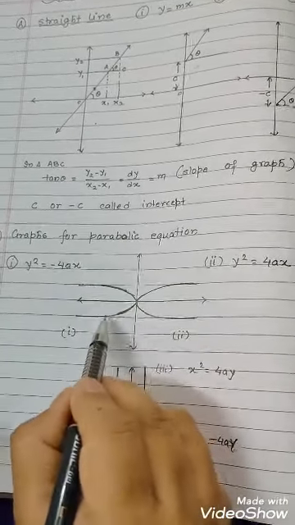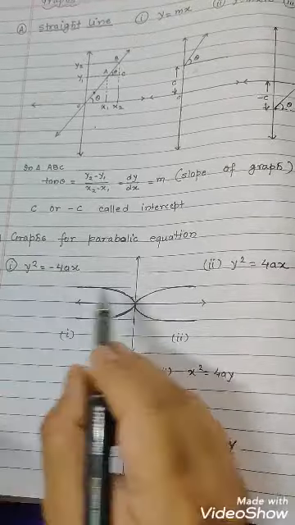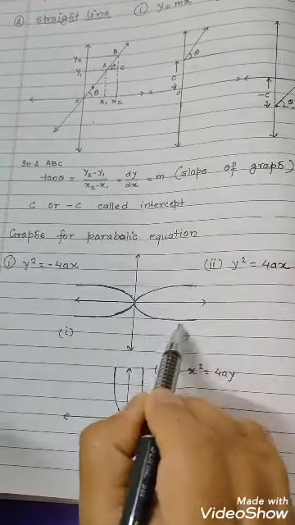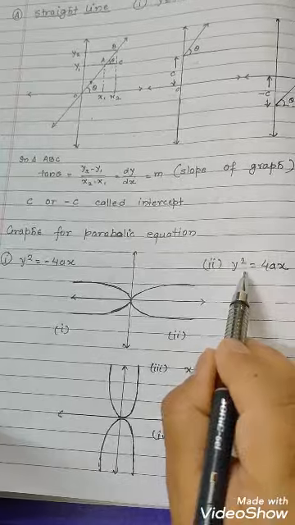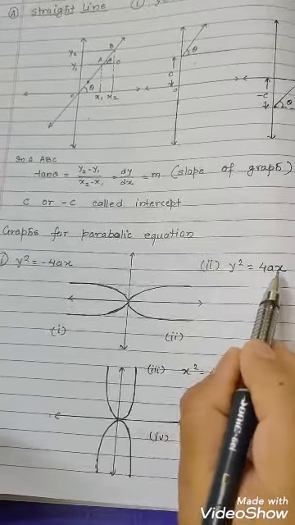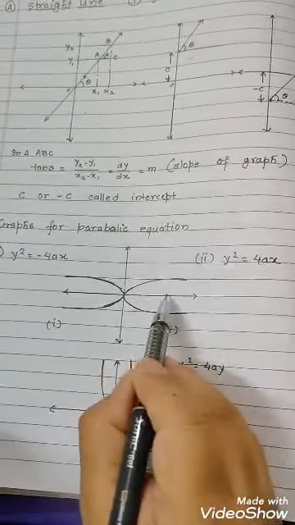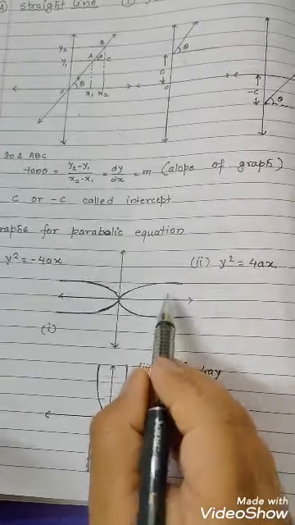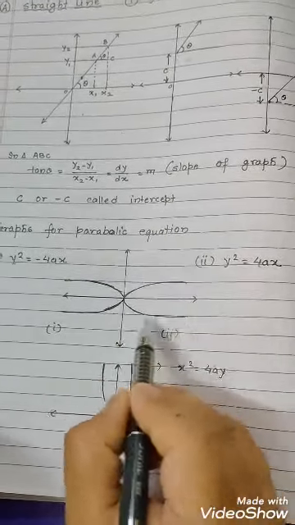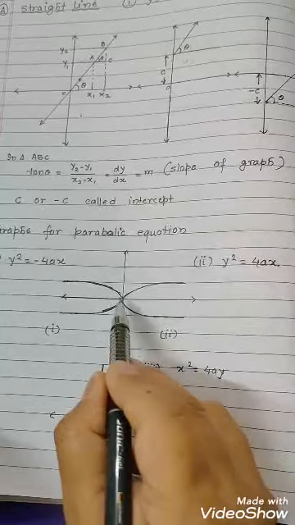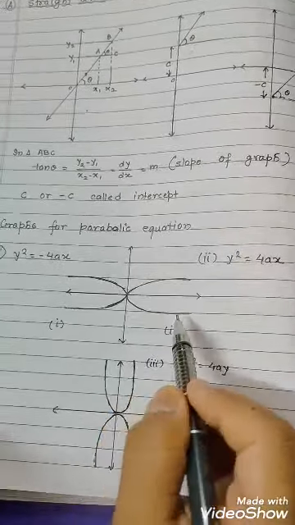This is the parabolic graph of this equation. Here you will find the second graph of the second equation, y square equal to 4ax, in which on the positive x-axis you find the symmetry of this graph on both sides, that is, this is the parabolic graph here.